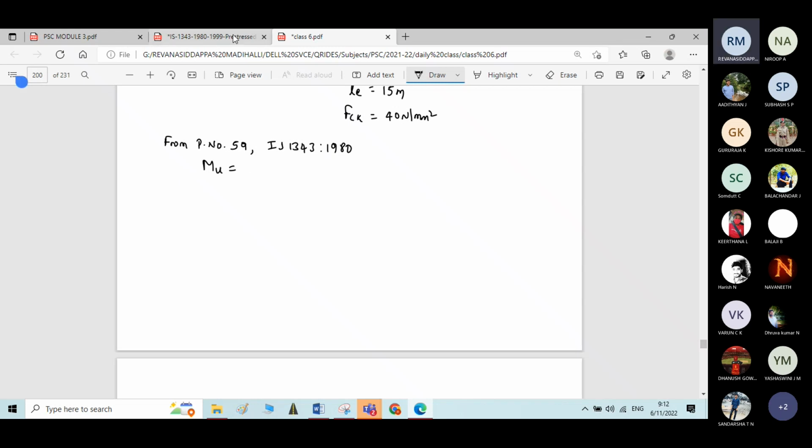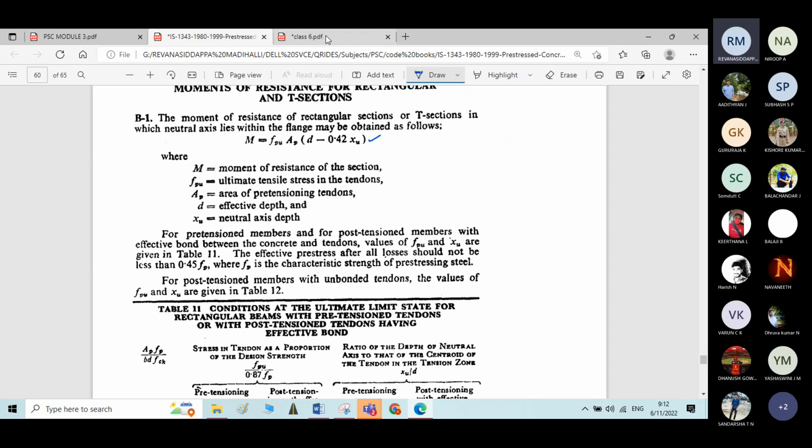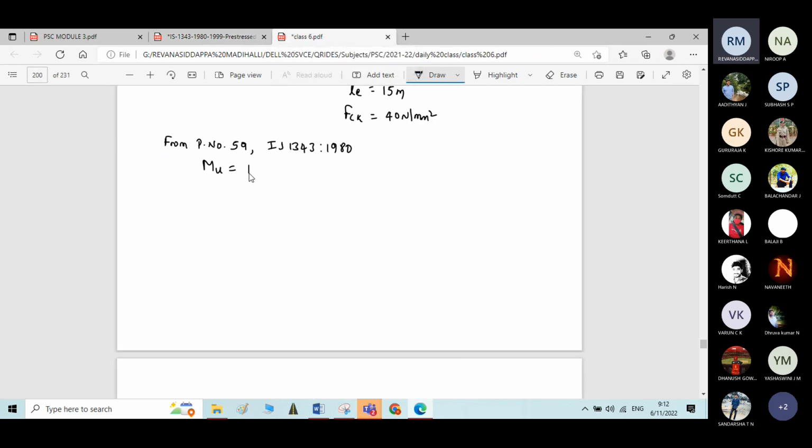MU is equal to FPU into AP into (D minus 0.42 XU) for a rectangular section. Where FPU is the ultimate tensile stress in the tendon, AP is the area of pre-stressing steel, D is the effective depth, and XU is the depth of neutral axis.